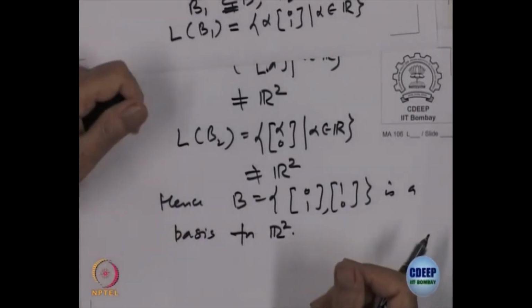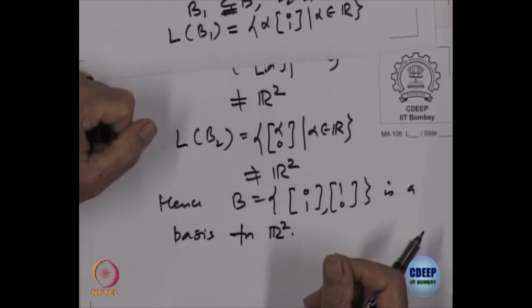So, now you understand the definition of a basis. It is a set of vectors in that vector space such that their linear span gives me everything and no proper subset gives me the span as the whole thing. Such a thing will be called a basis of the vector space.